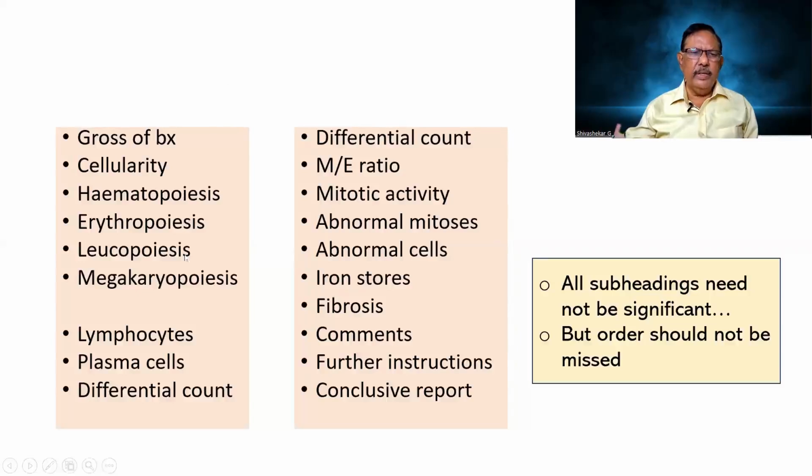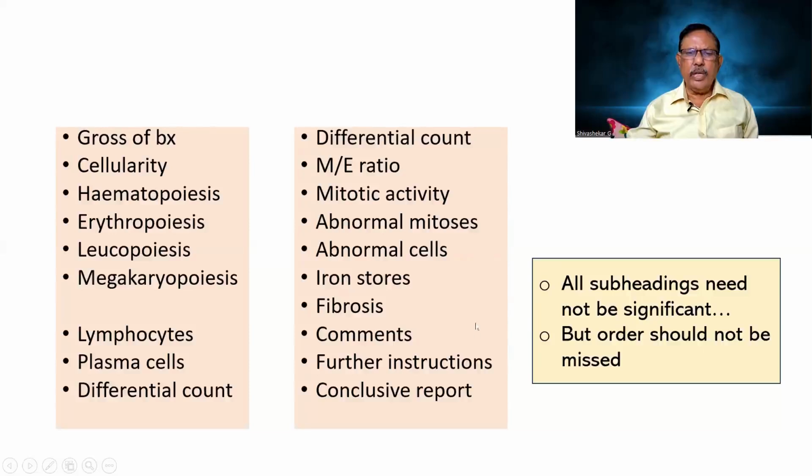Differential count, I find that all these are reduced, whereas this is relatively increased. And again, myeloid erythroid ratio, not very significant because all the lineages are being reduced. Mitotic activity is absent. And abnormal mitosis, it will happen only when there is a recovery from an aplasia. Iron stores, we can just do it to rule out some amount of aplasia or the hypersplenism.